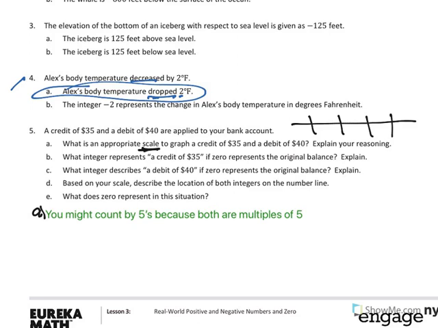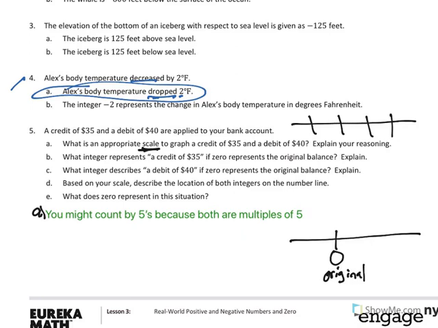So our B says, what integer represents a credit of $35 if 0 represents the original balance? And so what they want to say is, if we had a number line, and we put a 0 here, and this was the original balance, which would not necessarily be zero.